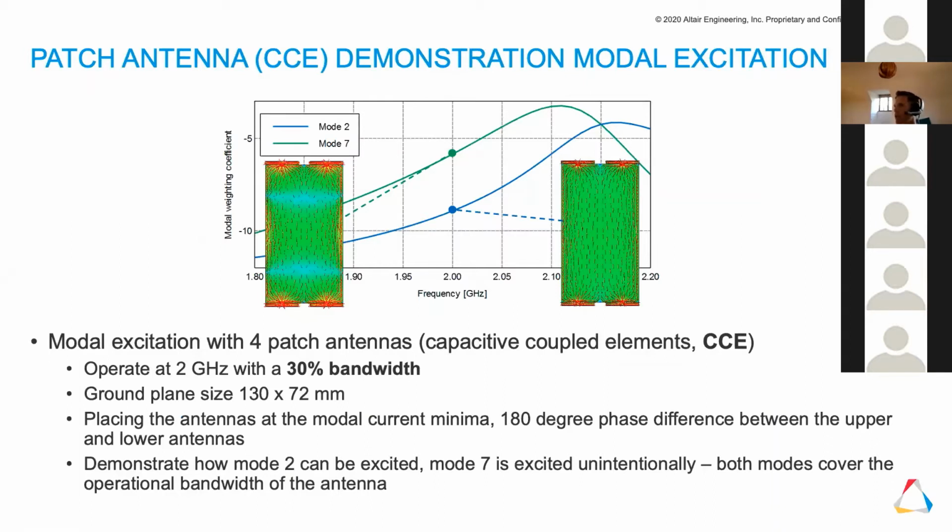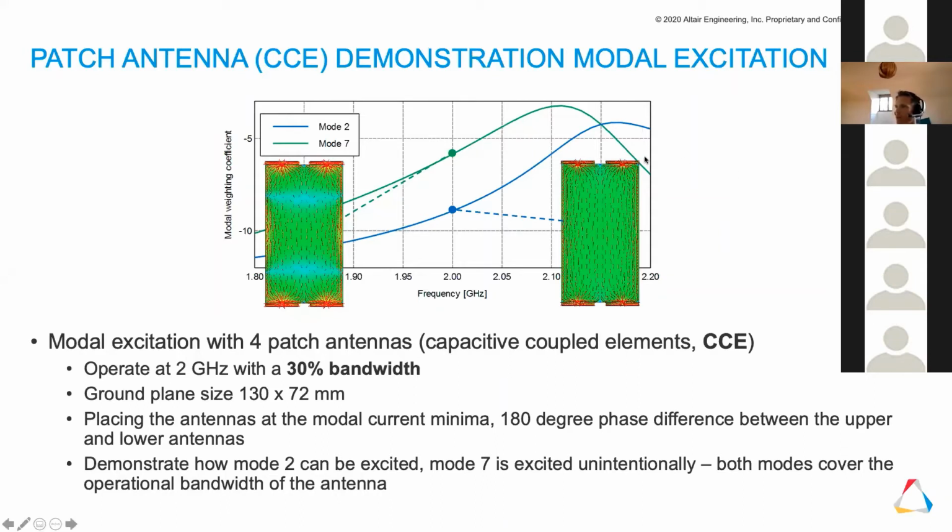What you'll notice here is, once again, we are able to excite, in this case mode 2, which is the long mode as intended, but we do also excite an unintended mode, and in this case actually slightly better than the mode that we intended to excite.